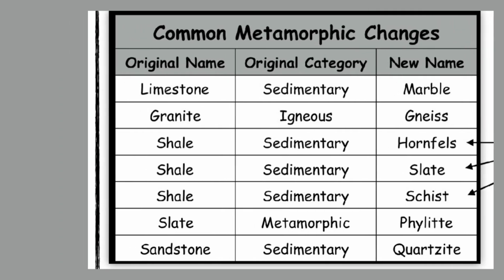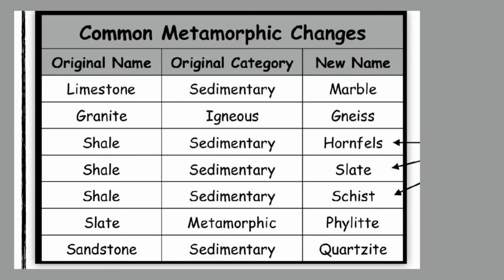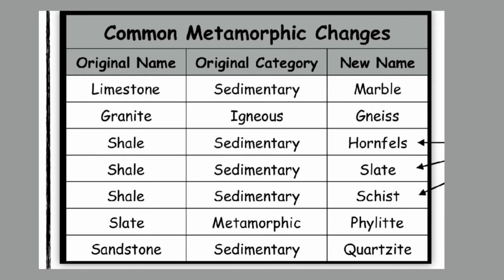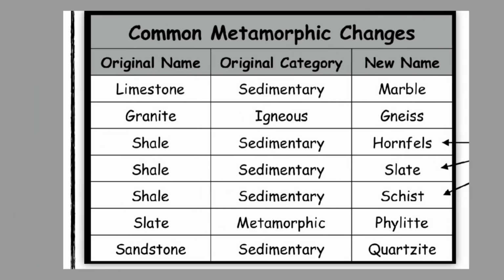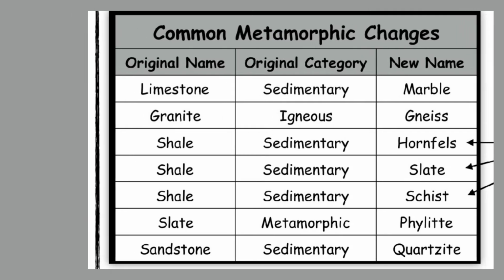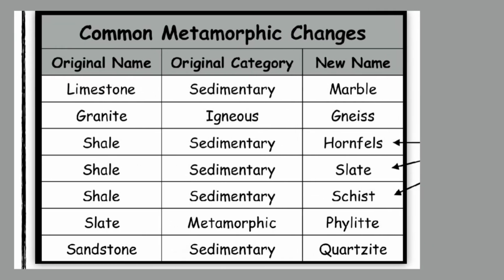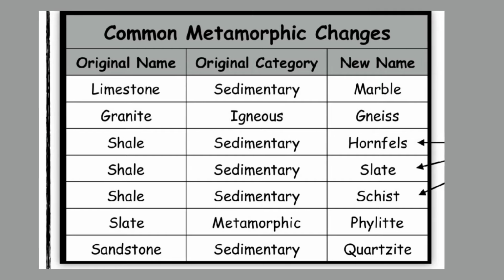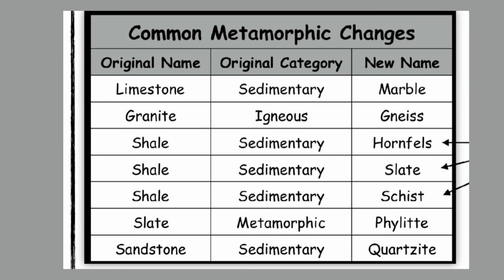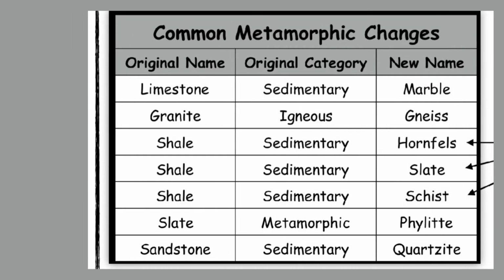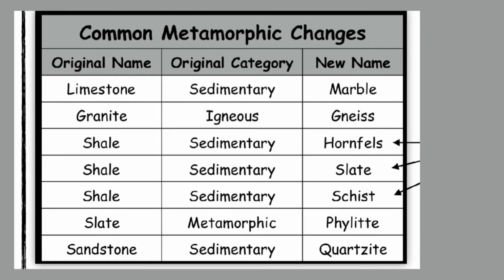Yes. Once it is heated, it will change to marble, which is a metamorphic rock. You can see now, sedimentary to metamorphic. And granite is igneous. It is changing to gneiss, which is metamorphic. Shale is sedimentary. It's changing to hornfels, which is metamorphic.